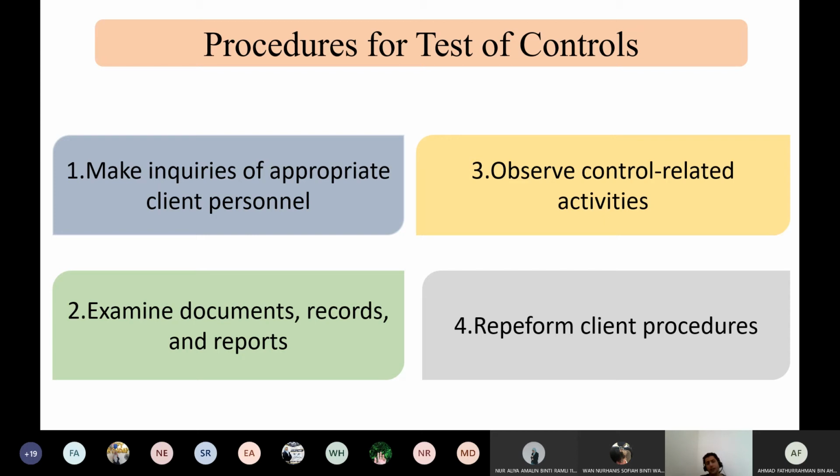And then number 4 is reperforming client procedures. So, having, let's say, an existing transaction, we ask them to redo the transaction. We see whether or not it will have the same effect on the financial statement.